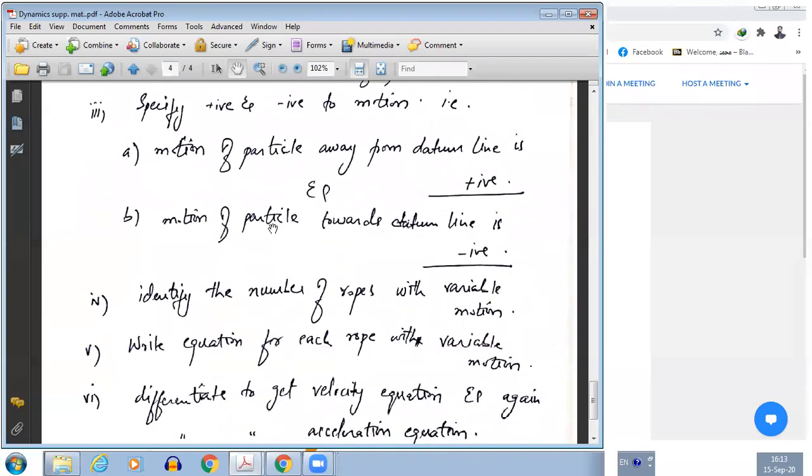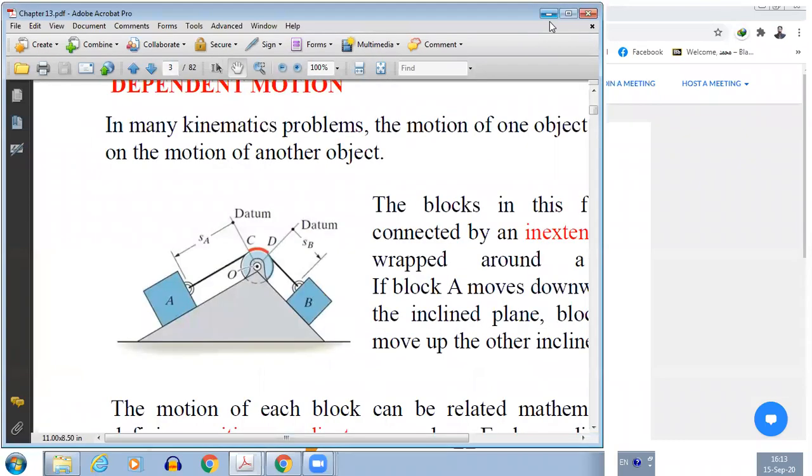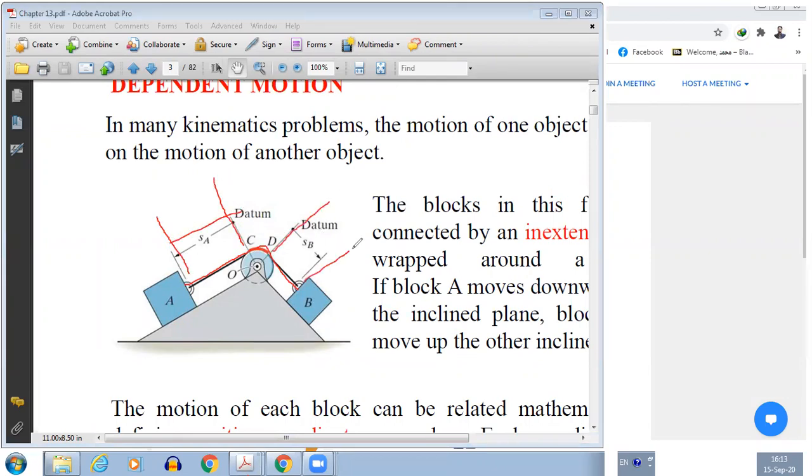Let's move towards point number 4. Identify the number of ropes with variable motion. Look here, in this problem, how many ropes do you see? Just one rope. And there are variables because A and B can move from the fixed reference. SA is one variable, SB is another variable, and the variables can change.